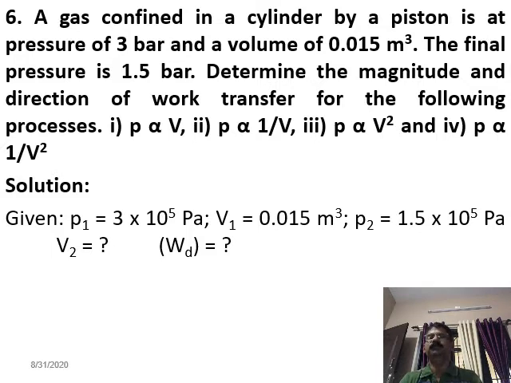So here a gas is confined in a cylinder. It is a piston cylinder arrangement. The initial state is 3 bar and volume of 0.015 meter cube, that is P1 and V1. The final pressure is 1.5 bar.